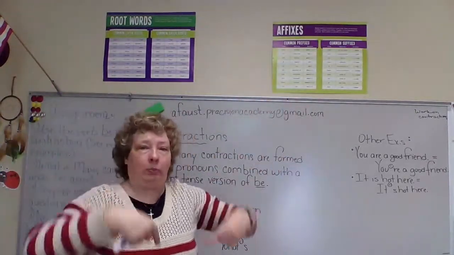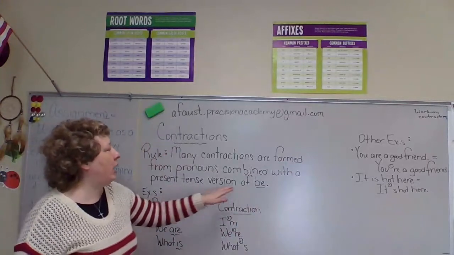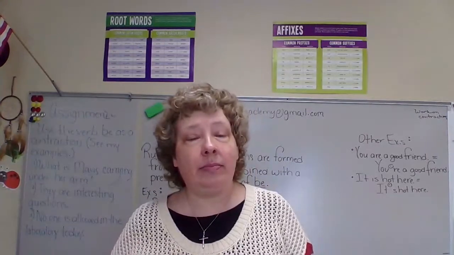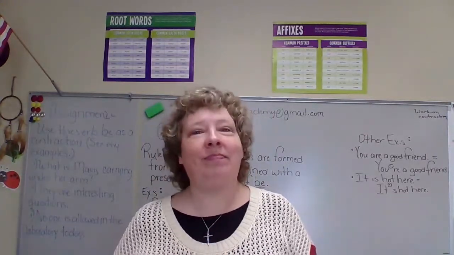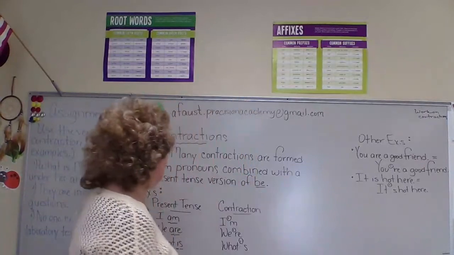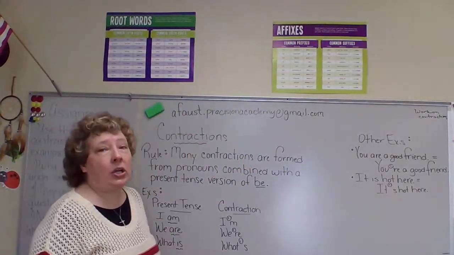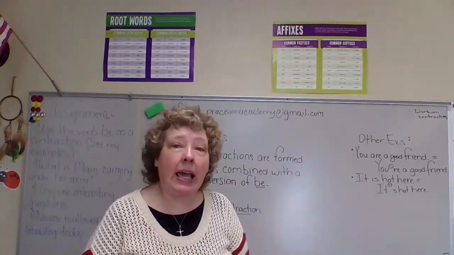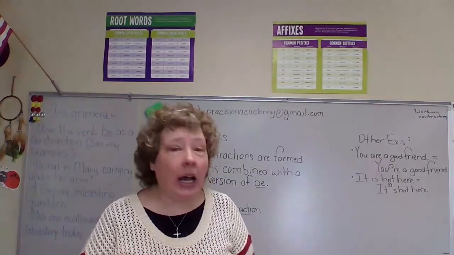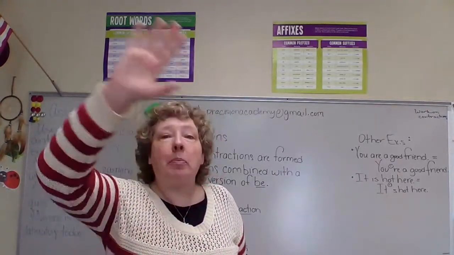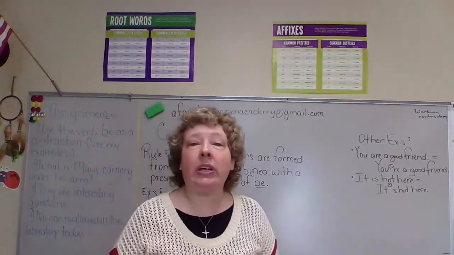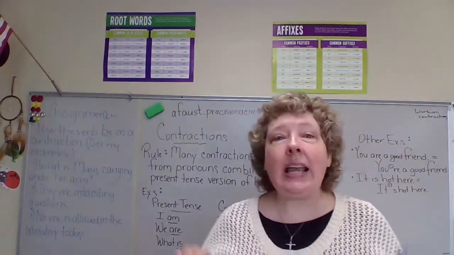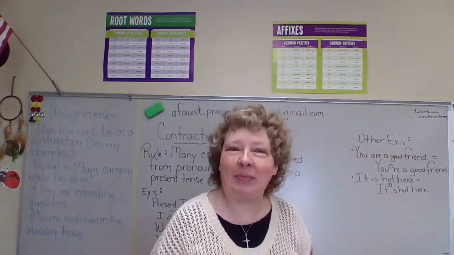Present tense version of be. In other words, your to be verbs such as is, are. Okay? So does that make sense? And also am. So you're talking about those verbs. Am, is, are. Not was or were. That's past tense. You cannot do the contraction with the past tense. Only with what's happening now. Any questions? Nope? Okay. Let's go back.